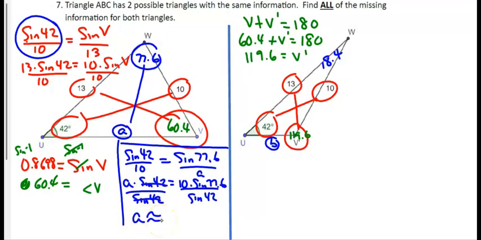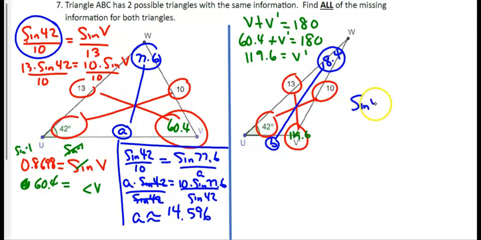So A will be equal to 10 times the sine of 77.6 divided by the sine of 42. So A will be 14.596.